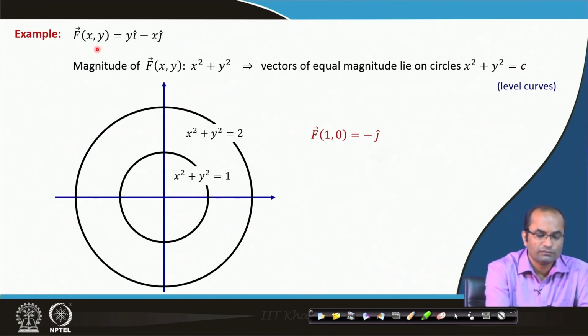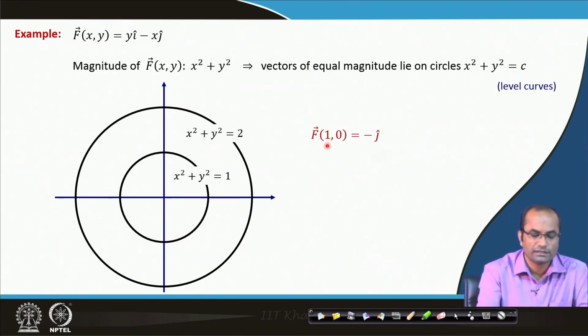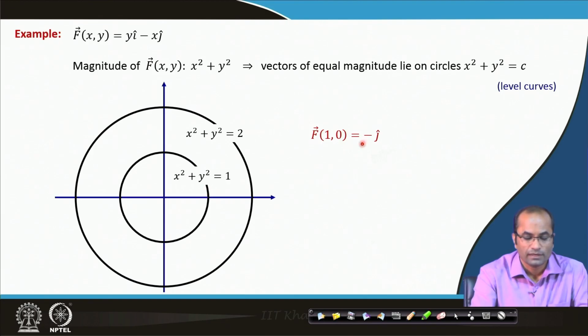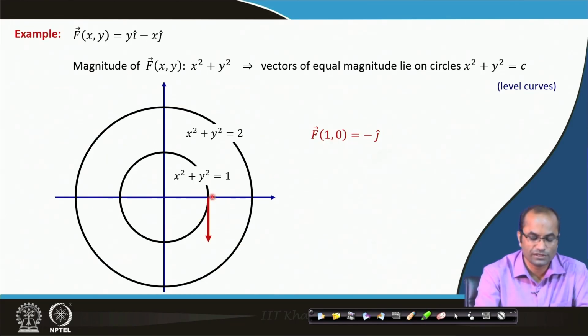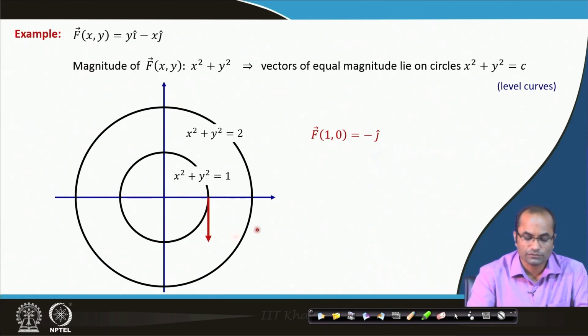Now we want to visualize how F behaves at the point (1, 0). We have this point (1, 0), and the value of this vector function is given by minus j. That means it points in the direction opposite to j. So, this is the visualization: we have a vector at (1, 0), which is given by minus j, and so on.